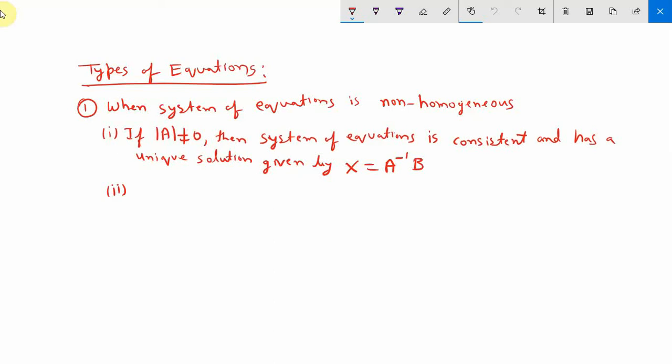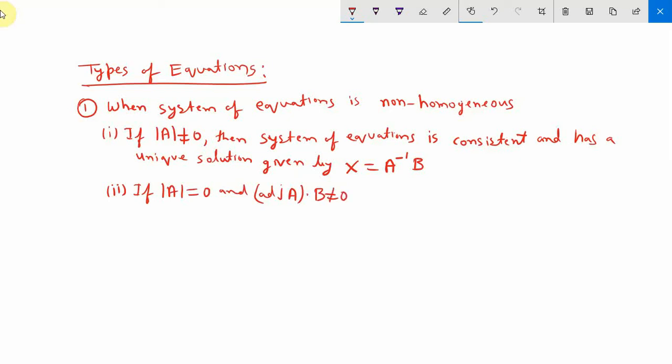Okay. So second case will be if determinant of A is equal to 0 and adjoint of A into matrix B is not equal to 0.